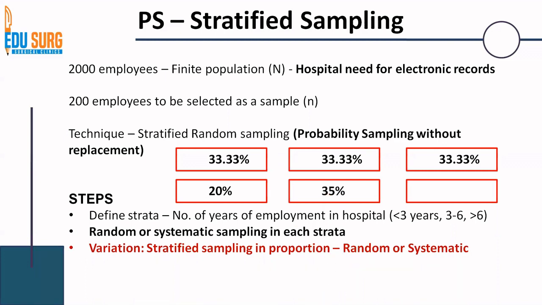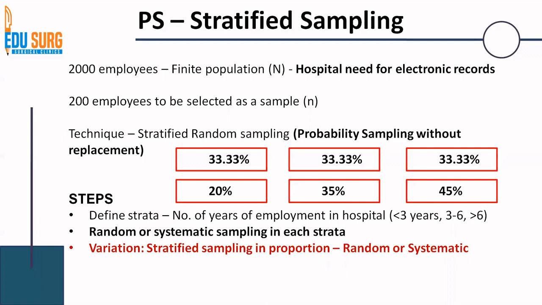The second strata is 35% employees, so you will do 35% sampling. And the third strata has 45% population, so 45% of your sample will be collected from the third strata. So this is known as stratified sampling in proportion.